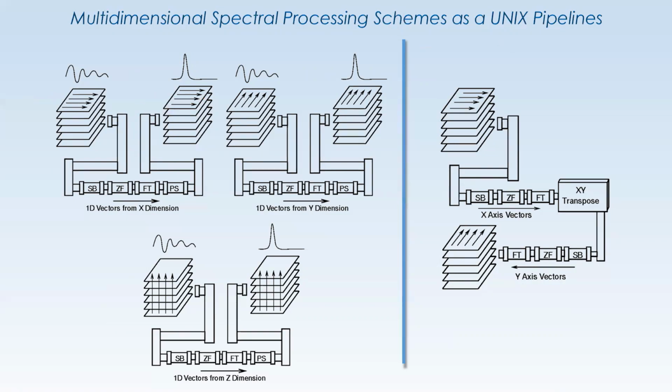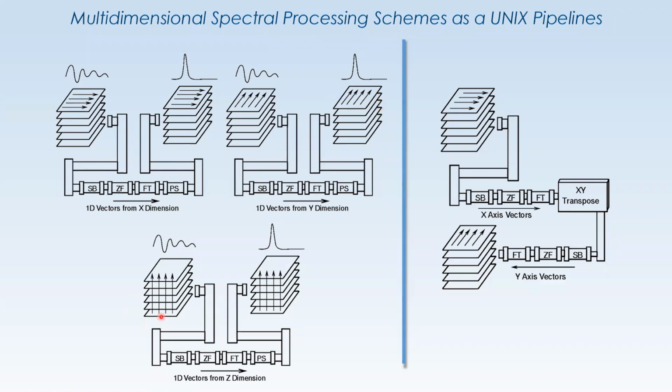And then we follow that by another pipeline that now reads data vectors from the next dimension of that previous result, sends those down a pipeline to be processed, and then gathers up that result and writes it to another intermediate file.